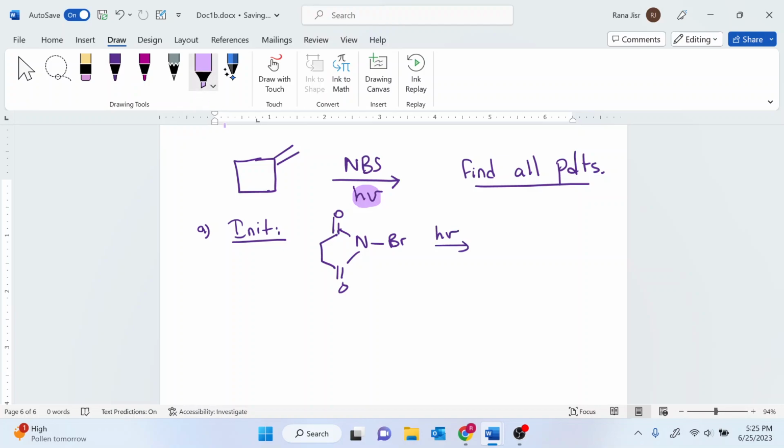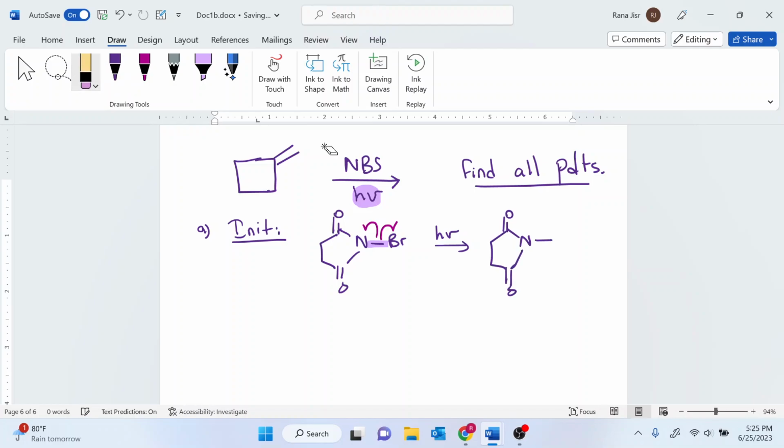Light is going to target the bond that connects the two electronegative elements, and you are going to cleave that bond by a homolytic cleavage, and each one of these electronegative elements is going to take an electron.